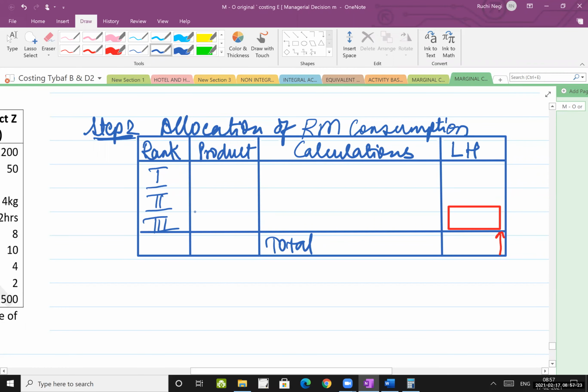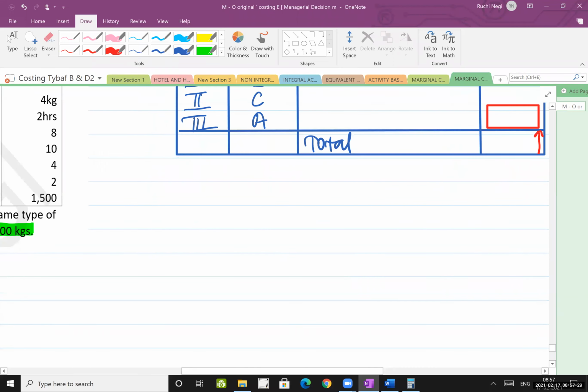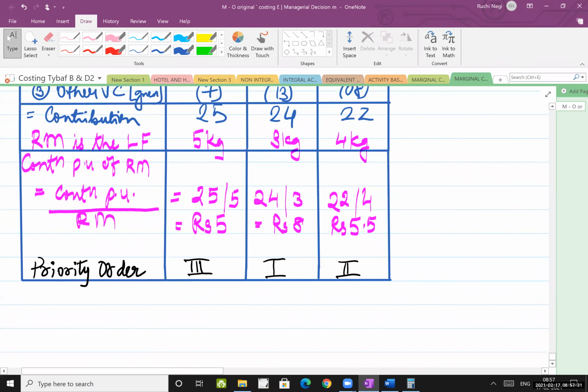The first rank is to B, second rank is C, and third rank is A. If I'm not wrong.